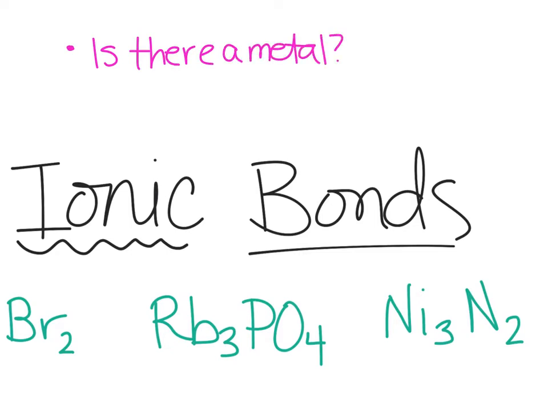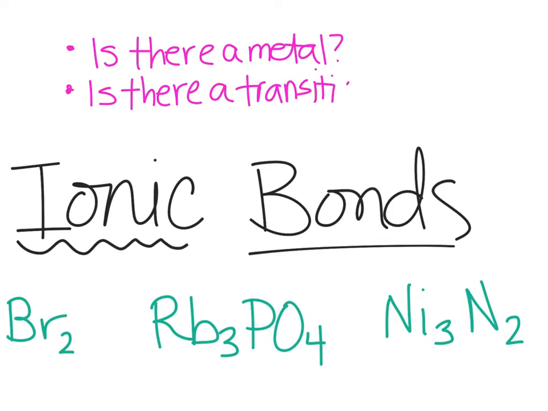Once we've determined that there are metals in all three of these, we know that they're ionic bonding. We know that they're going to be named similarly. What's the next question that you would ask yourself? And if you just want to write down words, you can.